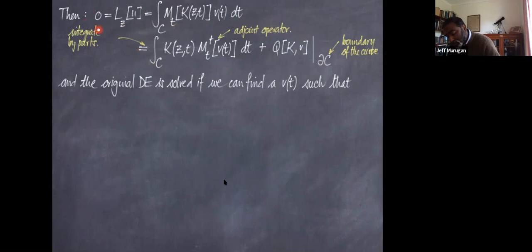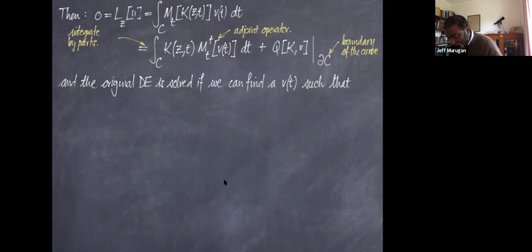In other words, it solves this differential equation only if two things are true. If I assume that the kernel vanishes, then the whole thing is trivially true, which I don't want. I want some non-trivial statement here. But I can also ensure that the first term vanishes if M_t dagger acting on V is equal to 0, and Q, this boundary term, is also equal to 0.